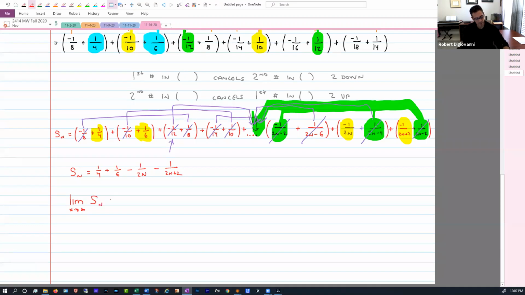I'm not going to rewrite it, but I think it's obvious that those two pieces go away, and you get 1/4 plus a 6th, which if you get a common denominator, 6, 4, 10/24. Yeah, I think it's 5/12. Converges to 5/12.